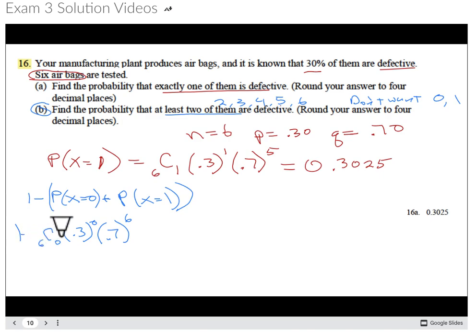Do this 1 minus all of this stuff. Plus a probability that there was 1 defective, right? So that's going to be 6 choose 1, 0.3 to the 1 power, and 0.7 to the 5th power. So 5 plus 1 equals 6. Those always have to be there. Get these two numbers, add them together, subtract them from 1, and that will give us at least 2 of them are defective.